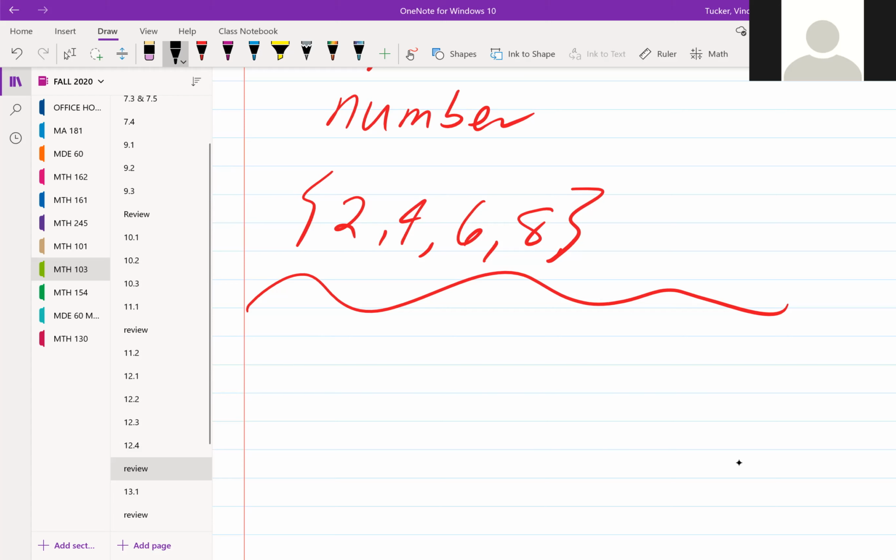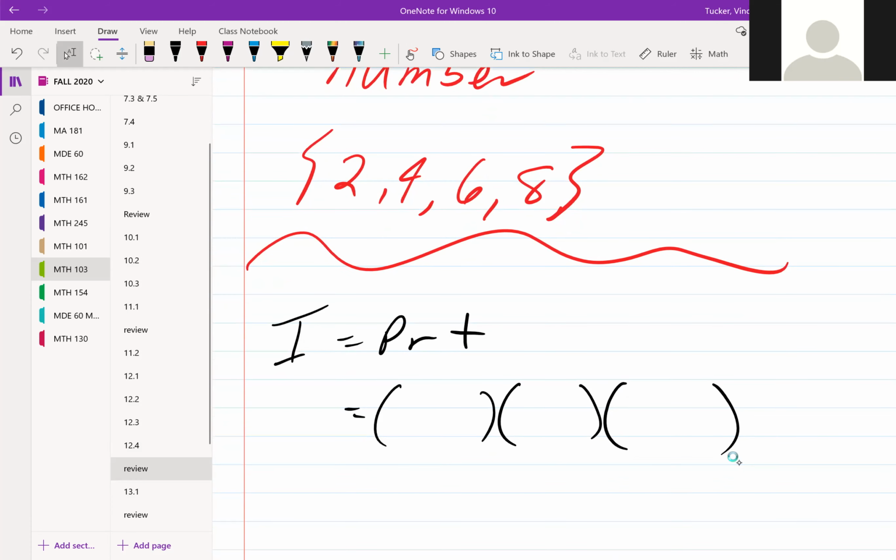It says what I did here is that I did I equals PRT. And then I did 16,000 parentheses 10.5, wait, I have to do the 1 2 3 for the 10.5, so it will be 0.105, and then T is 6 months.